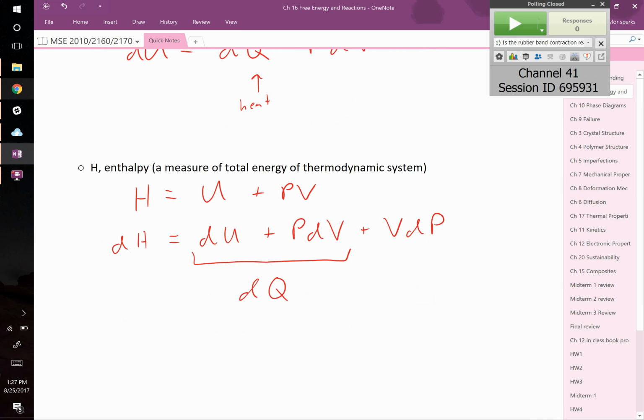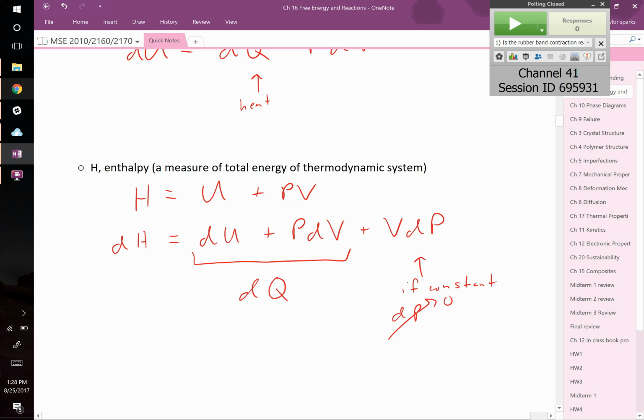The reason that we care about enthalpy is because under most circumstances, is pressure changing? Fine, there's certainly examples where it is. But most of the time a chemical reaction, if I set a piece of metal here and let it rust, that's all happening at constant atmospheric pressure, right? So if that's constant, then dP goes to 0, and that whole term goes away.